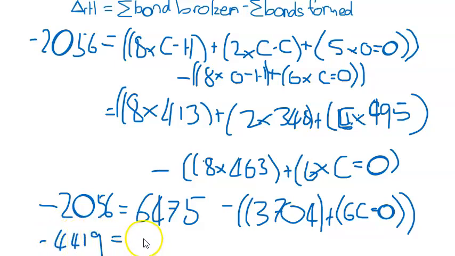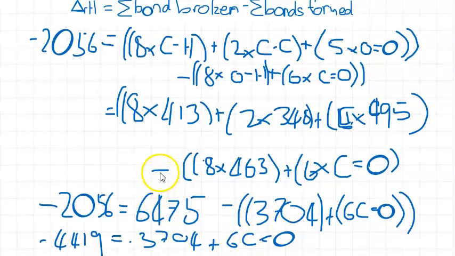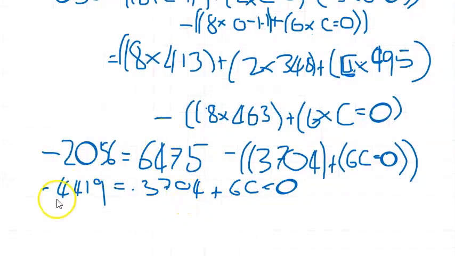And that equals negative 3,704 plus 6 times C to O. And now we can add 3,704 onto the other side.